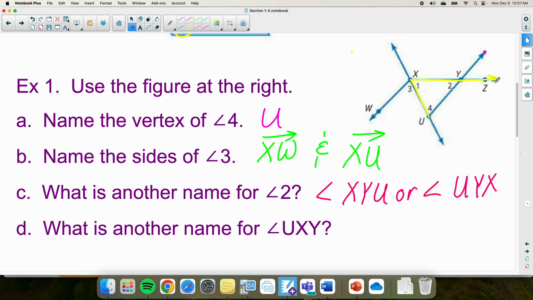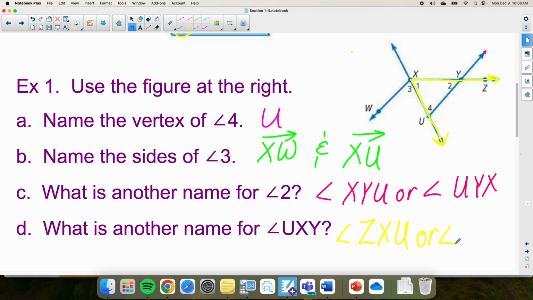UXY is this angle right here, okay? What's one name for that? Probably the easiest way would be, Z, X, U. So Z, X, U is one way.